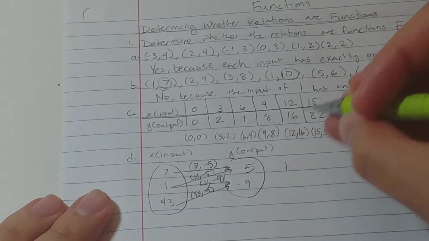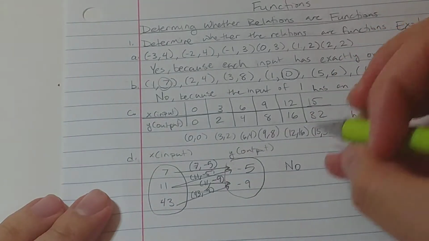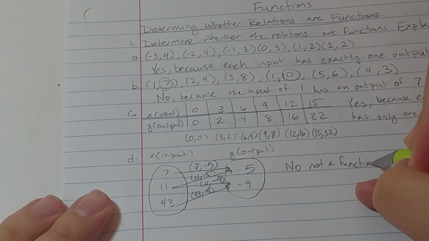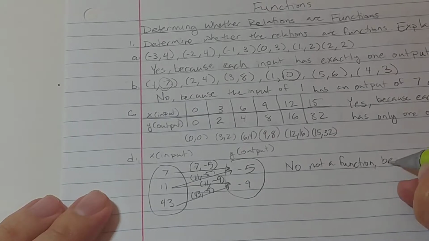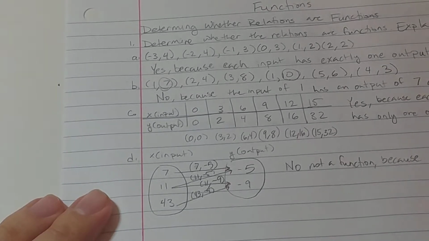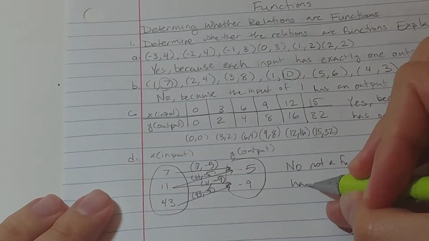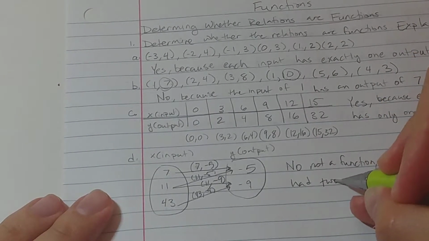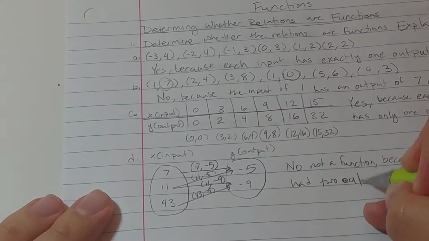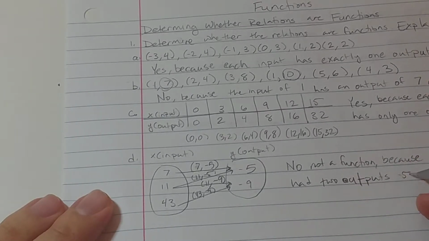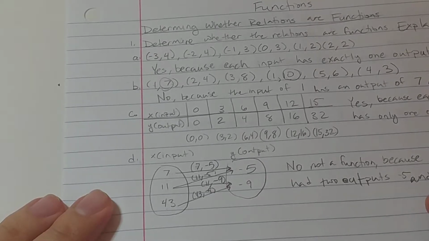All right, so this one is not a function, because the input 11 had two outputs, negative 5 and negative 9.